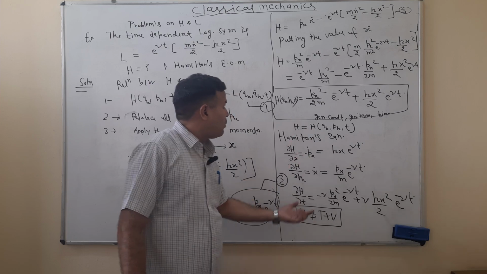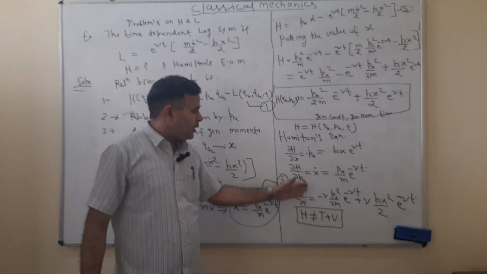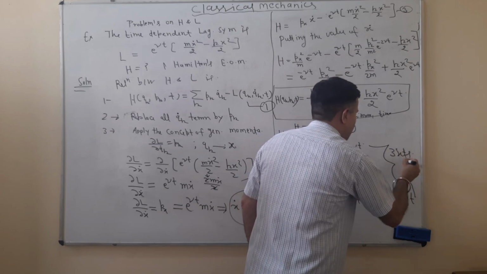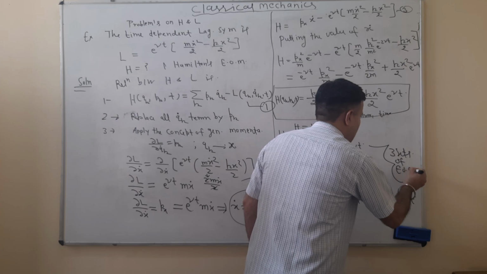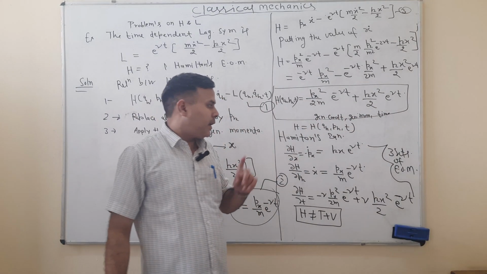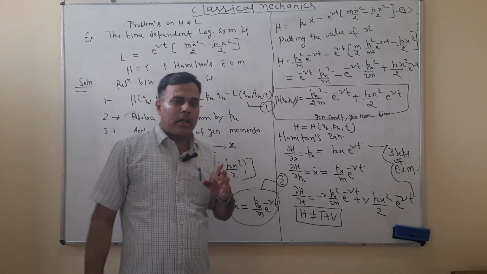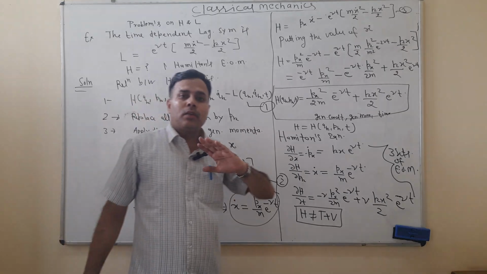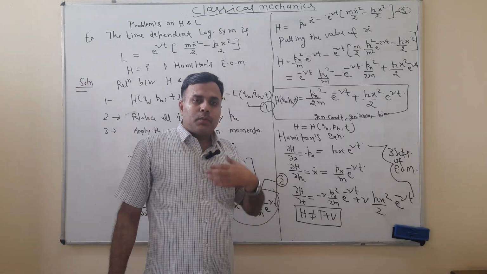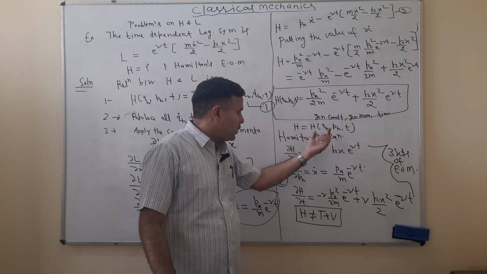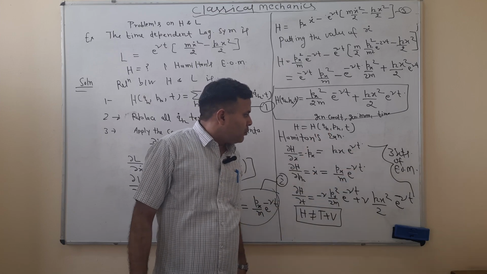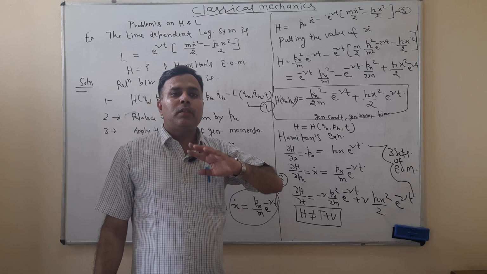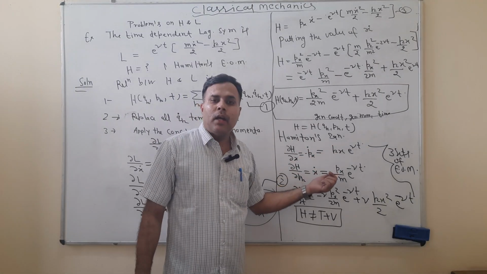So corresponding to one L we have three different sets of equations of motion. Corresponding to one Lagrange equation of motion, for one generalized coordinate, we have three different sets of equations of motion. If we have n equations of motion in Lagrangian dynamics, correspondingly we have 2n plus 1 equations of motion in Hamiltonian dynamics.